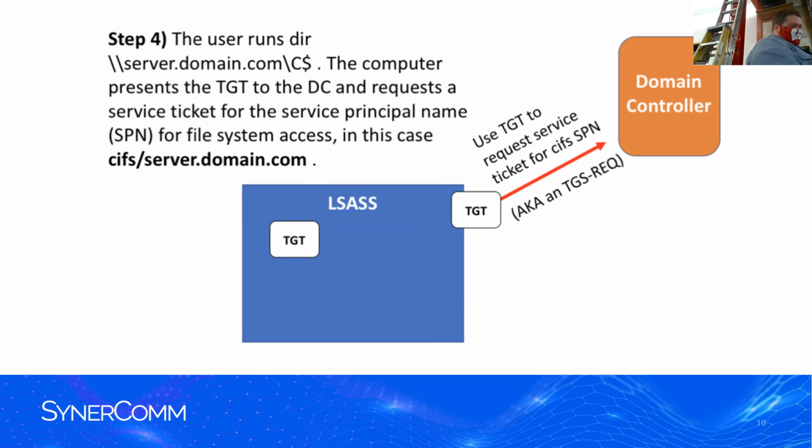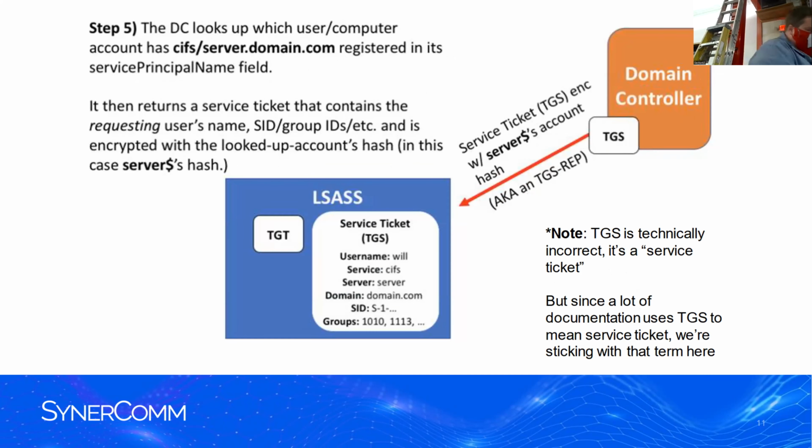In this example, it's for server.domain.com. 5, the DC looks up which user, and returns a ticket granting service ticket, but a lot of the documentation calls it a TGS, so that's just what we're going to call it today.